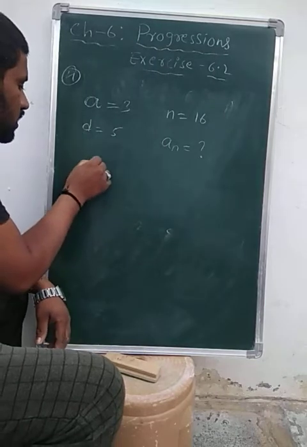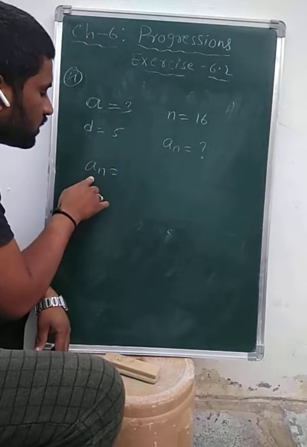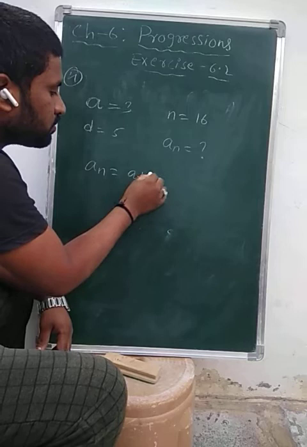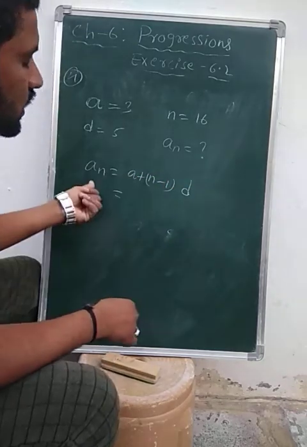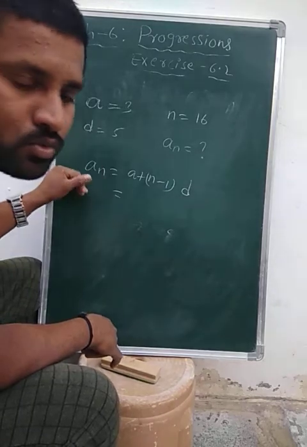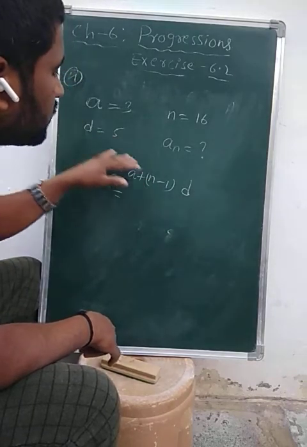Substitute in the formula for the nth term of the AP, an is equal to a plus (n minus 1) d. Suppose we don't know the an value, then substitute the remaining values.